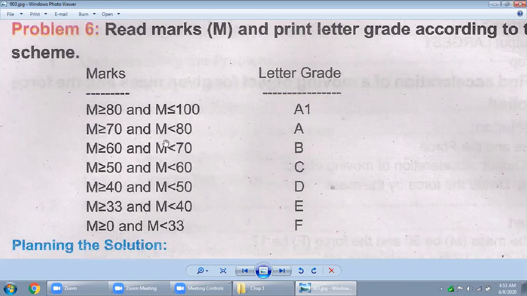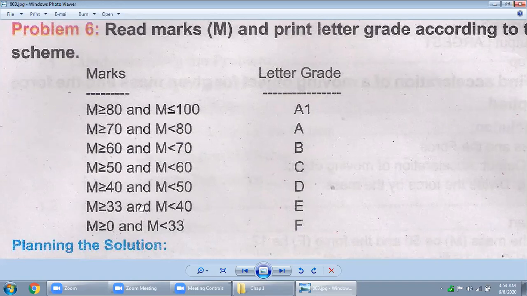If he obtains marks in the range 70 or above and less than 80, his or her grade is A. Next condition: if M is greater than or equal to 60 and M is less than 70, his or her grade should be B.